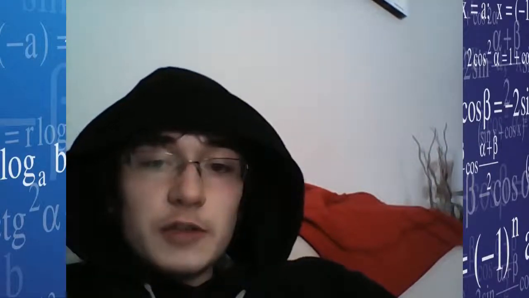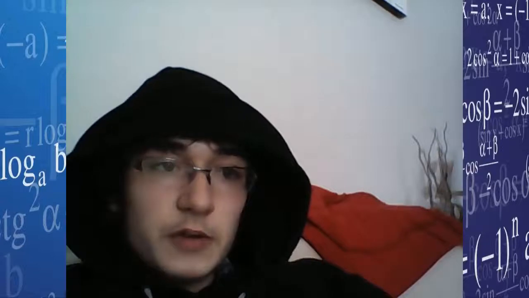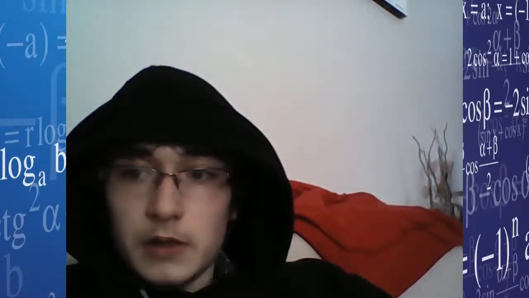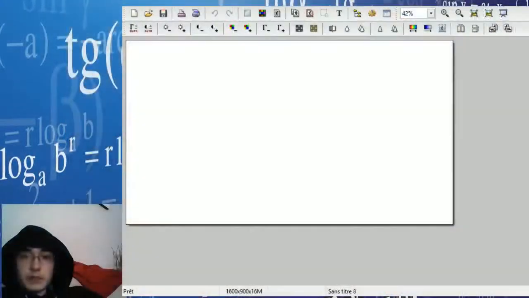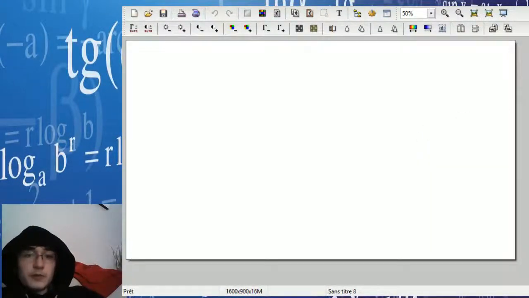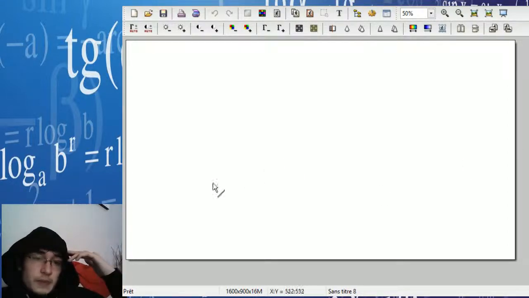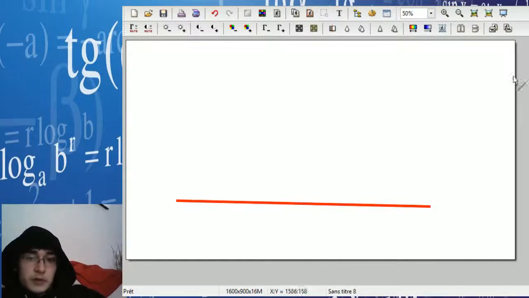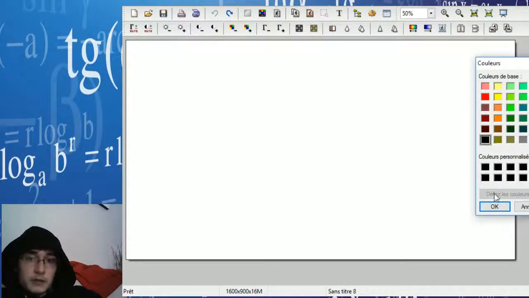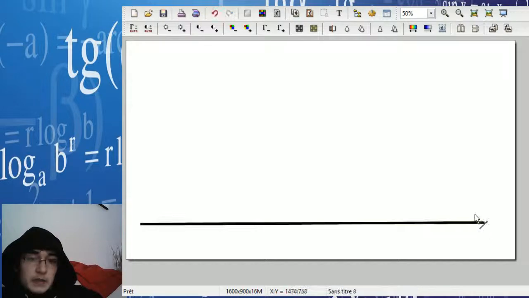Okay, new drawing. Each of the layers has an energy associated with it. So this is an axis, and this is the energy axis.